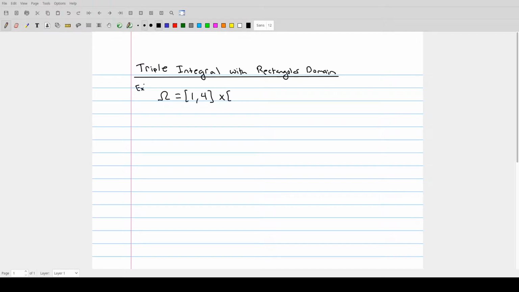This is an example. The y coordinate maybe goes from 2 to 3. And say the z coordinate goes from 0 to 1.